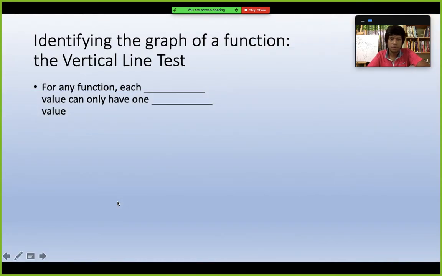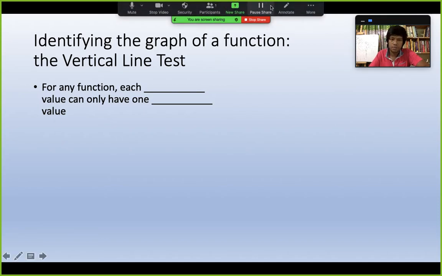So first of all, how do we know one graph is a function graph or not a function graph? Now, from our previous lesson, you know that if some function is given in algebraic form, then you understand which one is a function and which one is not.